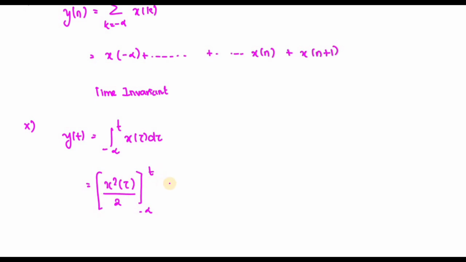So it may be x square of t by 2 minus x square of infinity by 2. You can see it is not being scaled, and there is no function like t coming at the beginning of x(t). So this is also time invariant.